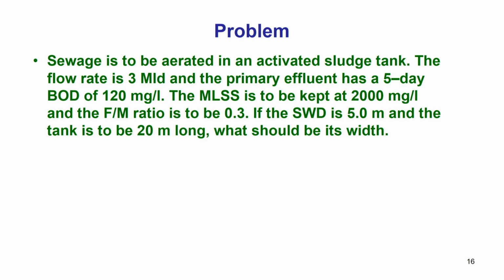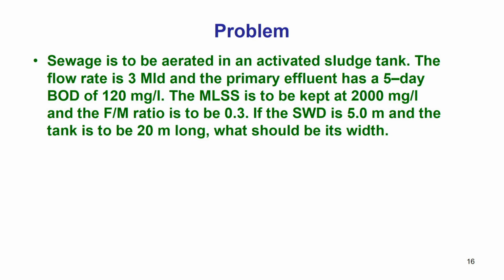It is not unitless as the name suggests, as you will also see in this numerical. The flow rate is 3 MLD, million liters per day, and the primary effluent coming from the primary clarifier has a 5-day BOD of 120 mg per liter. The mixed liquor suspended solids is to be kept at 2000 mg per liter.